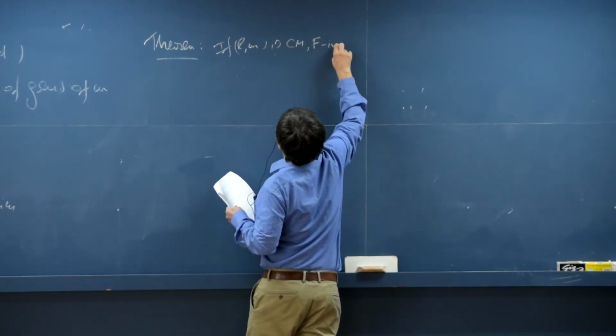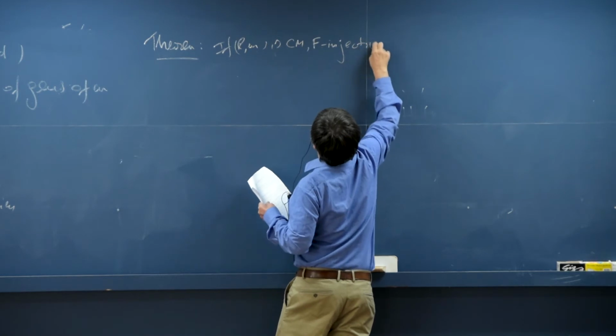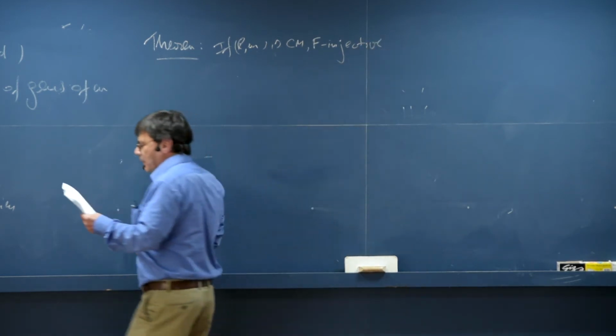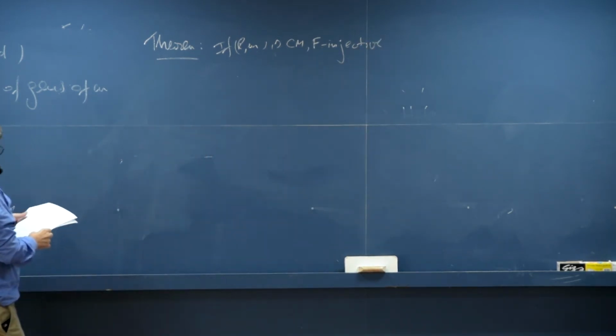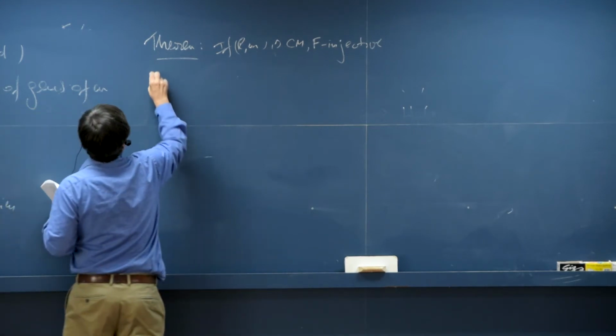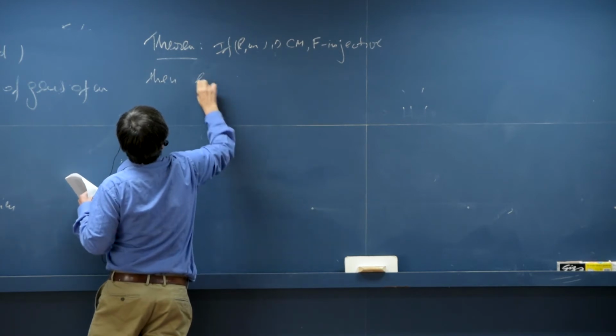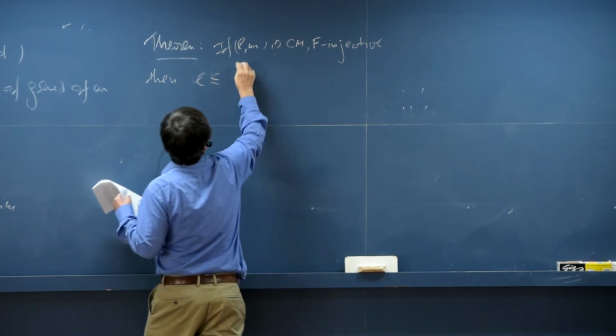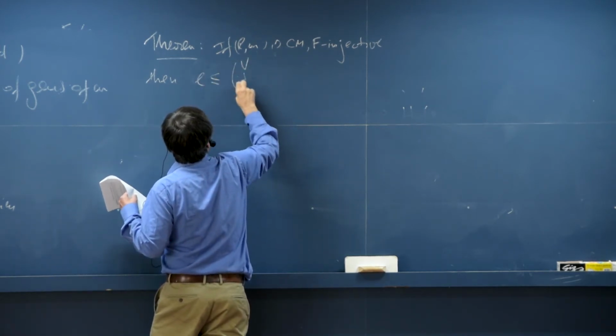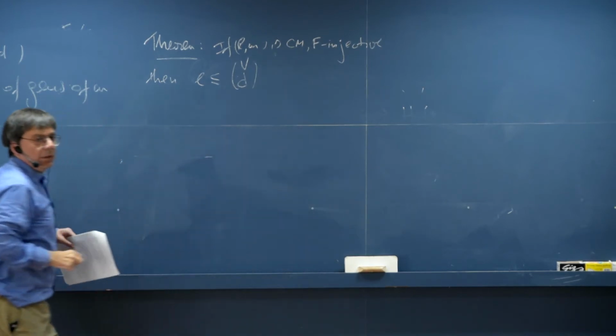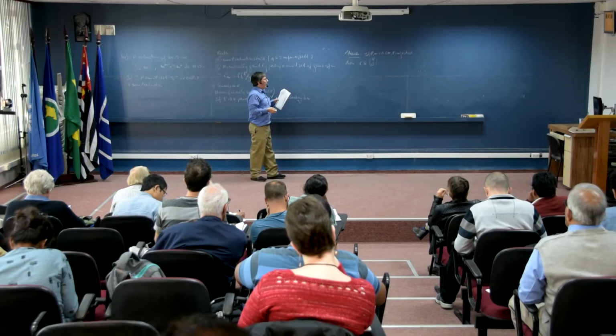Now we all know what F injective means. So all the Frobenius maps in local cohomology are injective. Then we have the same bound: the multiplicity of the ring is bounded by the embedding dimension choose the dimension of the ring.